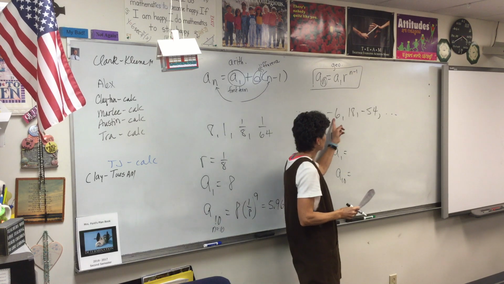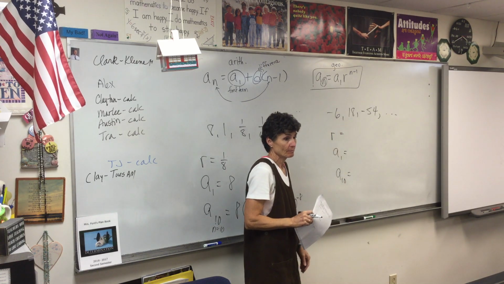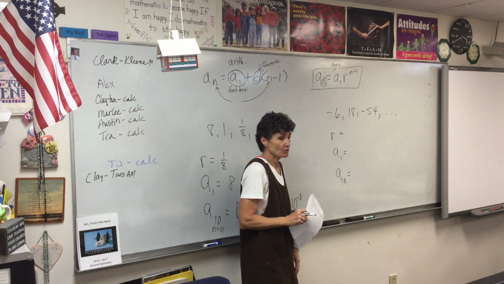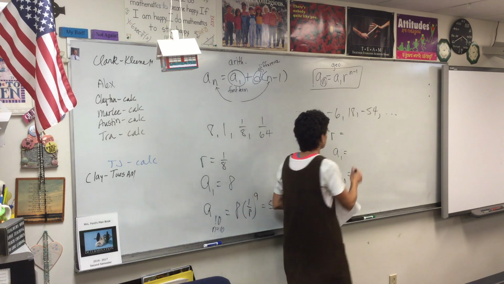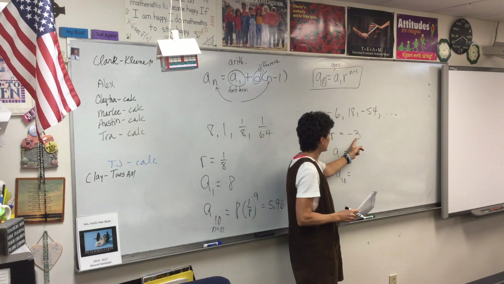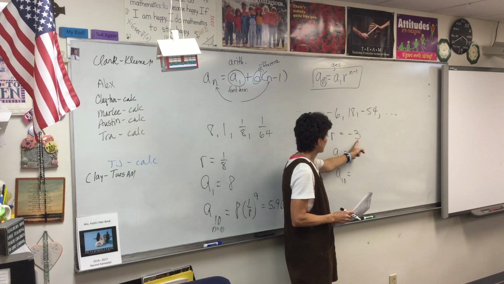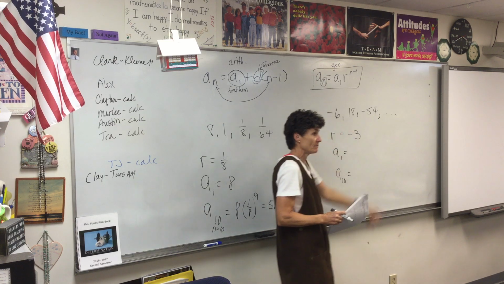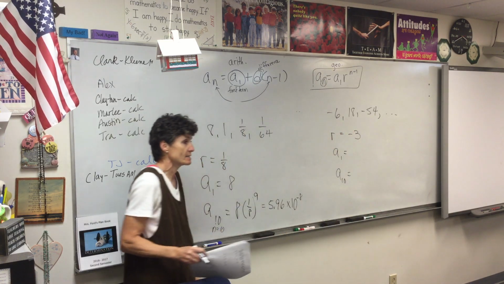So negative 6 times 2 is not 18. Negative 6 times negative 2 is 12. Negative 3. So we're right with the negative. We need a negative. Negative 6 times negative 3 would give me 18. Times another negative 3 would give me negative 54, and so on. So my ratio is negative 3.